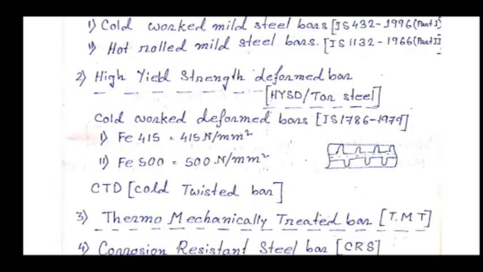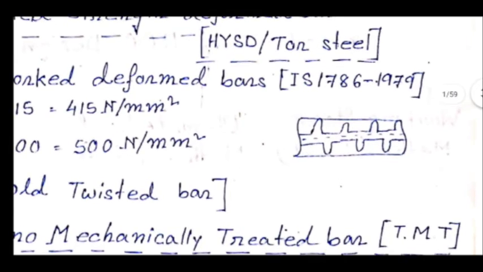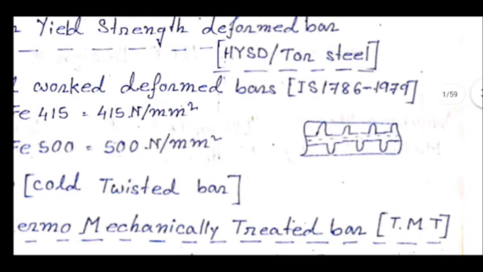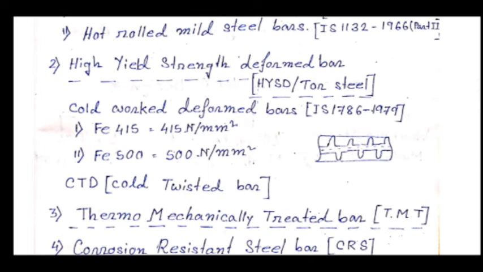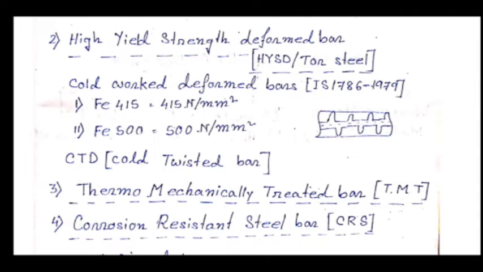Another type of HYSD bar is CTD, cold twisted bar. You can see the hand diagram of the steel bars, HYSD bars. This is a picture of a twisted bar. There are a few more types of bars, that is thermomechanically treated bar, TMT. Nowadays you can see in many TV advertisements and hoardings advertisements about TMT bars.